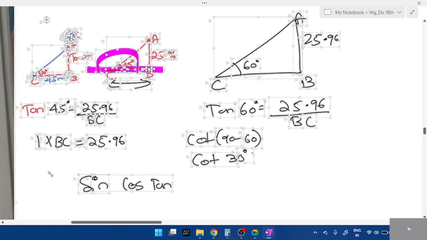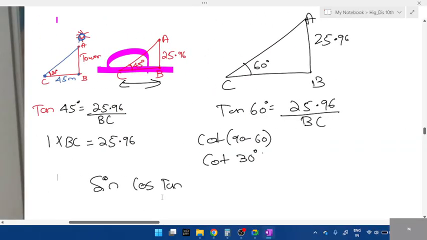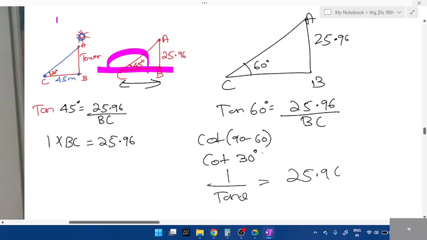Cot 30 will not be given. Convert this cot 30 into tan, students. Reciprocate the value. How do you reciprocate? 1 by tan 30 is equal to 25.96 multiplied by BC. Now can you see? We got tan 30 in the denominator.